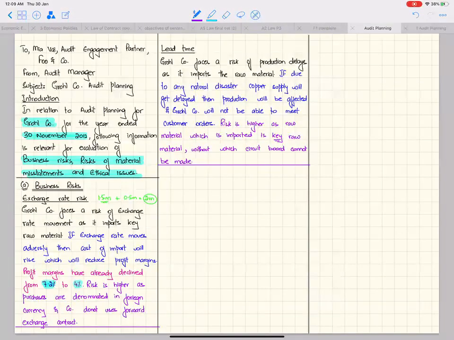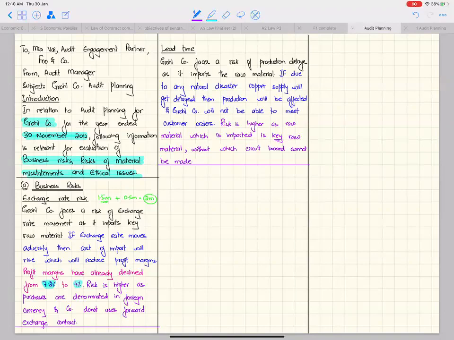Now you can write that as per the contract with the supplier, we cannot purchase the copper from someone else. If you remember, as per the contract with supplier, we cannot purchase the copper from someone else. And this means that if there is a delay in the supply of copper, the only option we have is to wait, because we read in the question that as per the contract, all of the copper will now be supplied from this vendor.